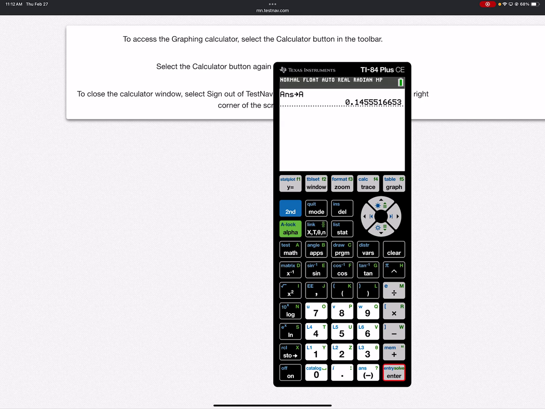Okay. Alpha. Enter. There you go. Now do the intersect feature to find the other point that they cross.